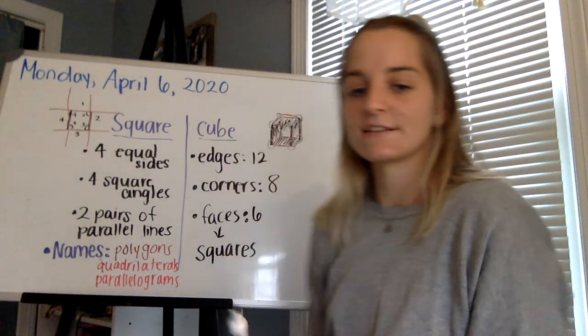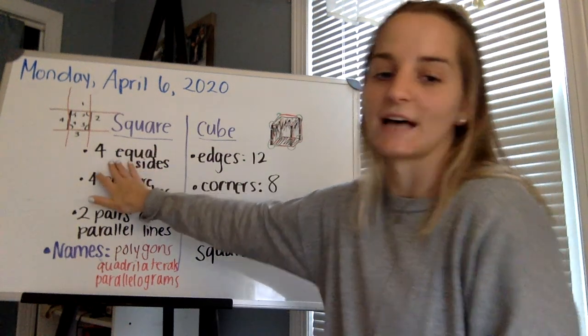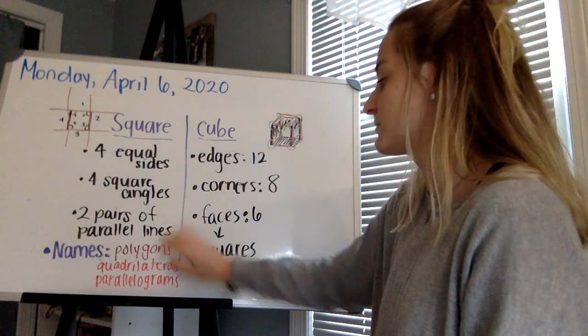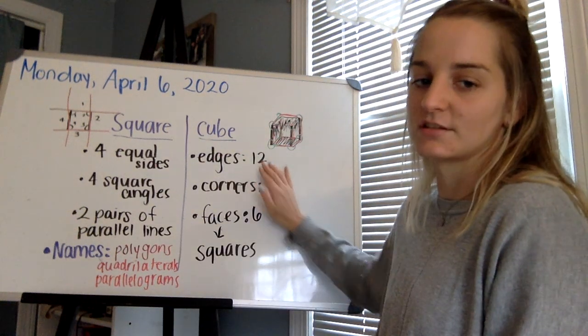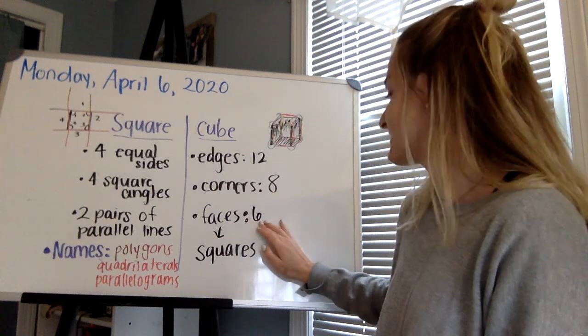So there are 6 faces. So our square has 4 equal sides, 4 square angles, and 2 pairs of parallel lines, okay? Our cube has 12 edges, 8 corners, and 6 faces.